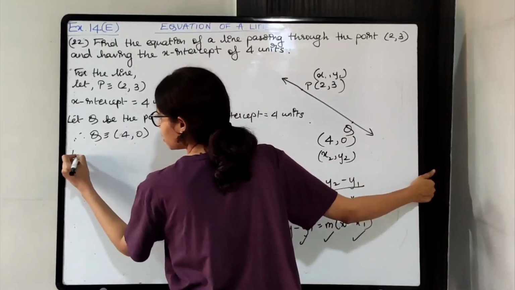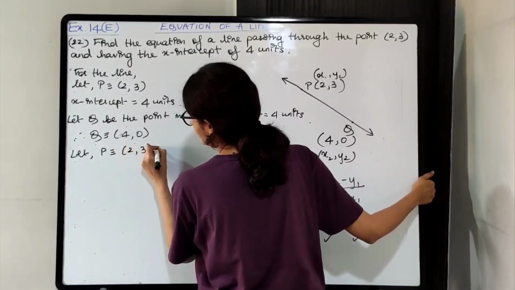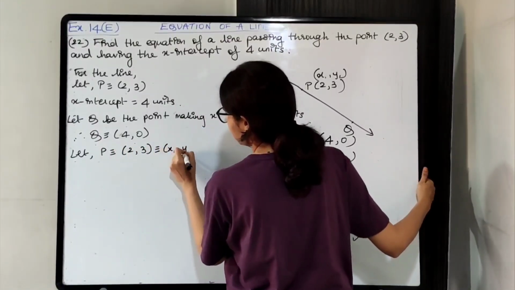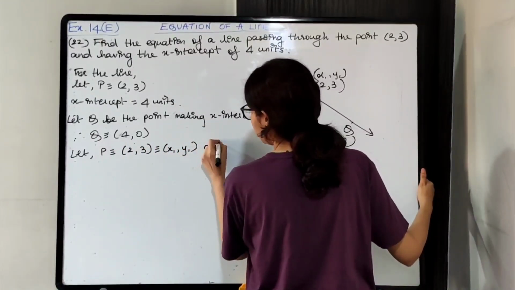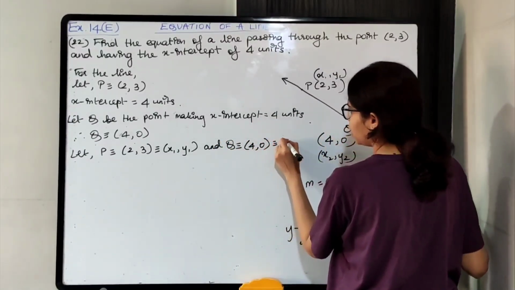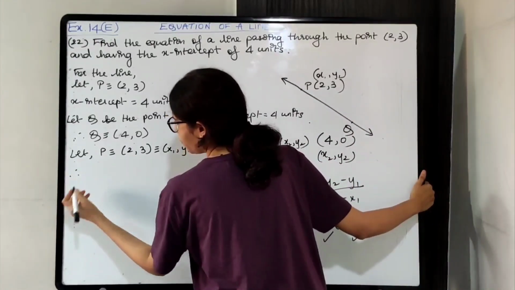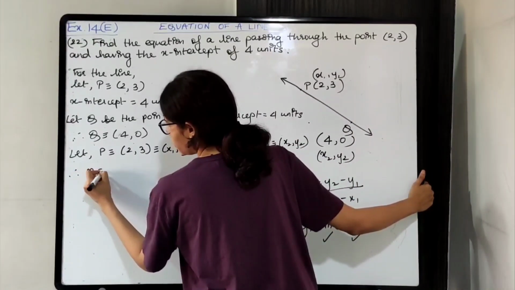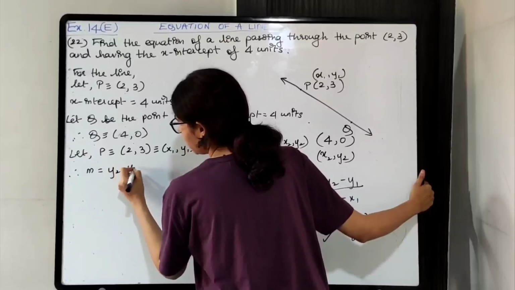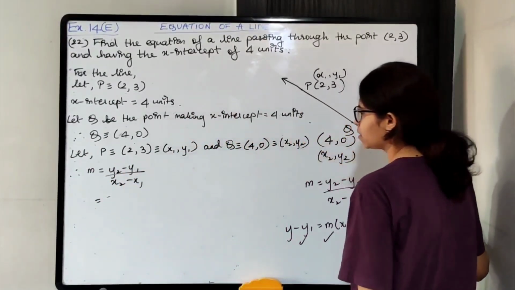So let P 2, 3 be x1, y1 and Q 4, 0 be x2, y2. So therefore slope will be y2 minus y1 upon x2 minus x1, or y1 minus y2 upon x1 minus x2.